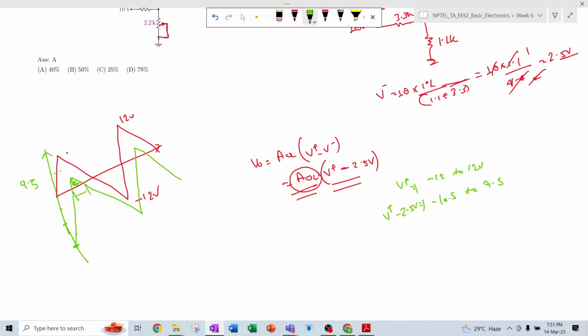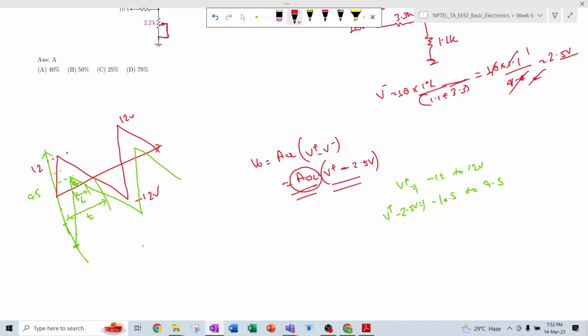Suppose this is T1 and this is T. Now this is 9.5, but earlier it was 12 volt.